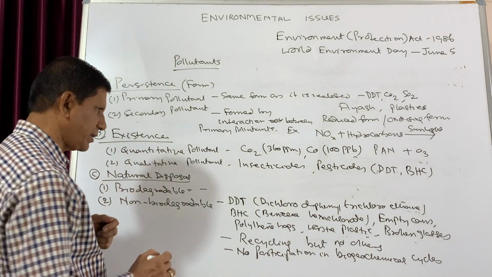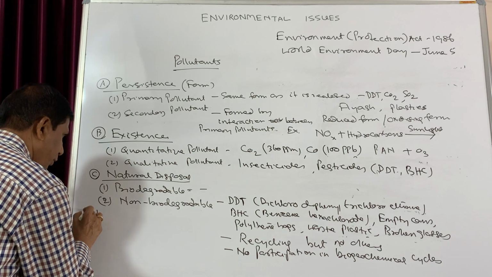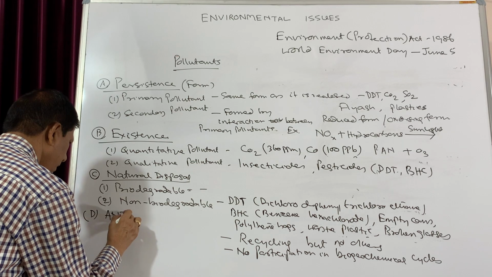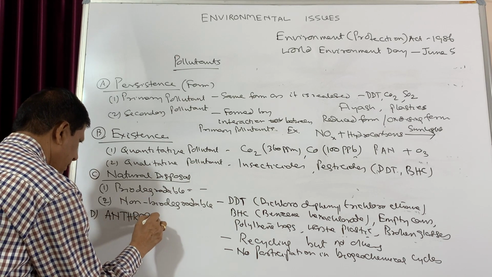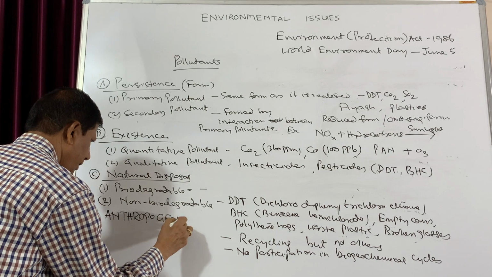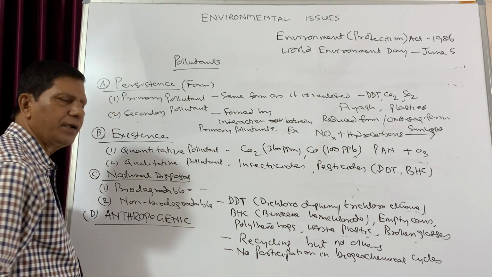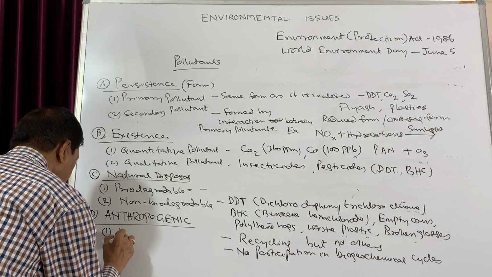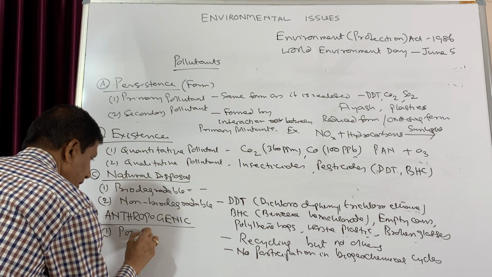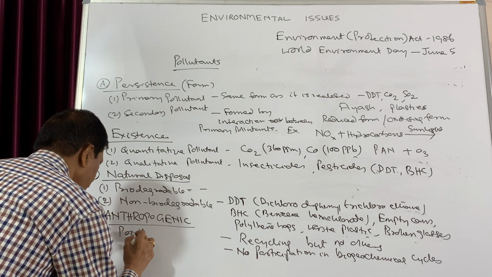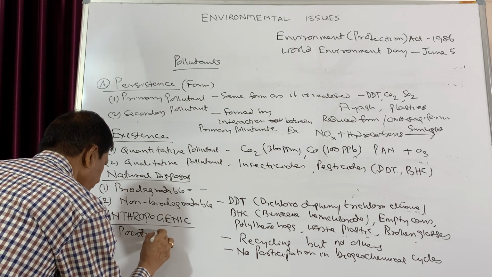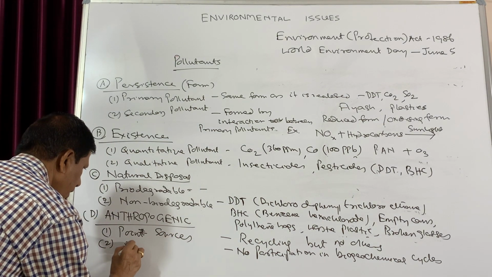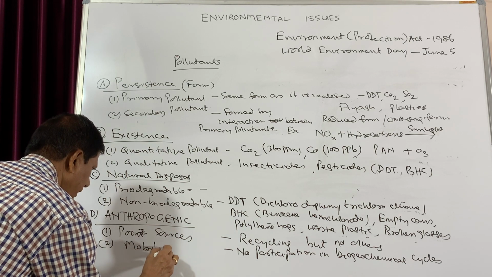Now there is a fourth type. The fourth type is known as anthropogenic. The anthropogenic pollutants are again of two types. The number one is point sources, and the number two is mobile sources.